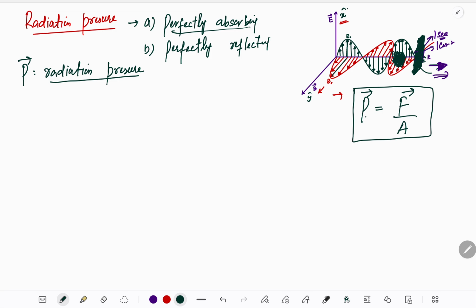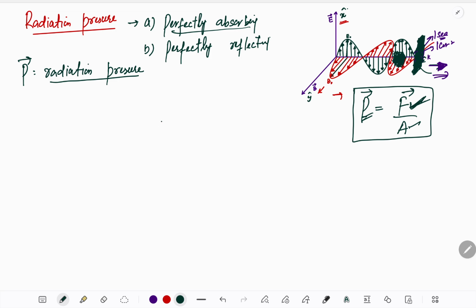There will be a change in momentum, and that change in momentum will lead to force, because the rate of change of momentum gives force. So we're interested in finding the change in momentum. Then we divide by time, that gives the rate of change of momentum, which is the force. Then we divide by the area, that gives the radiation pressure. I hope you get the idea.